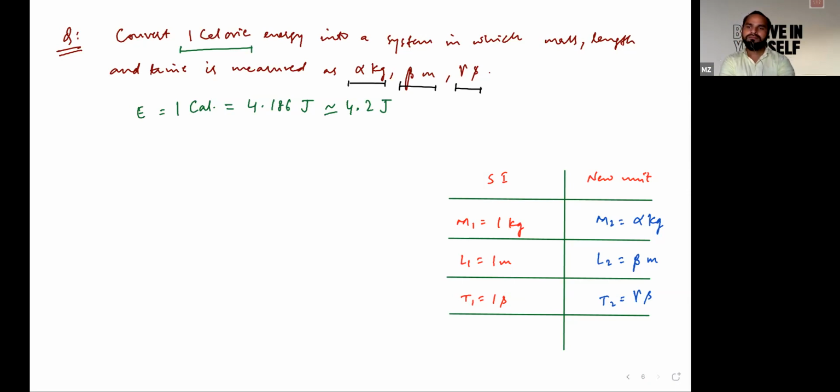Sir, is it correct? I think you have left some negative sign. The negative sign can be converted, no? The reciprocal will become positive. Try to simplify once again. Okay, sir. Otherwise, it's correct.